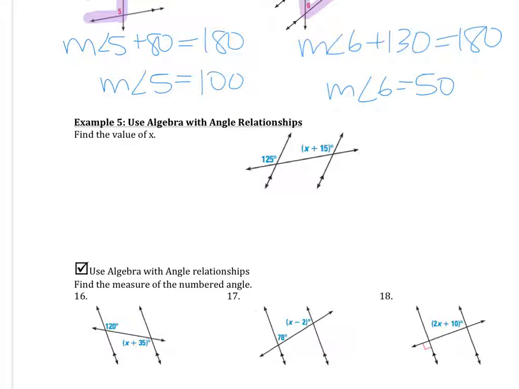Okay, now we're going to look at algebra. So the first thing you need to do is identify the type of angles. Here is same position, the letter F. So that is corresponding.